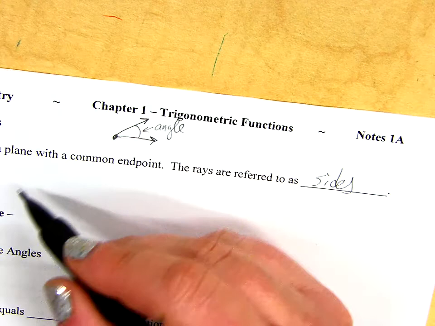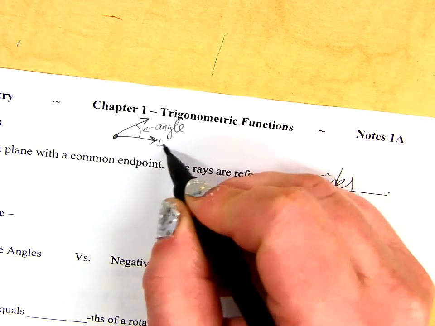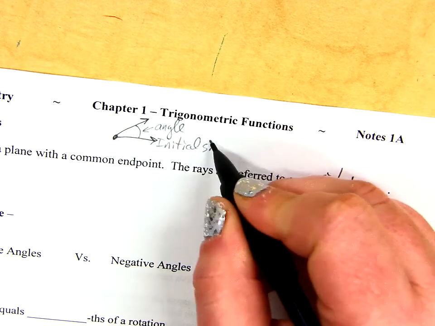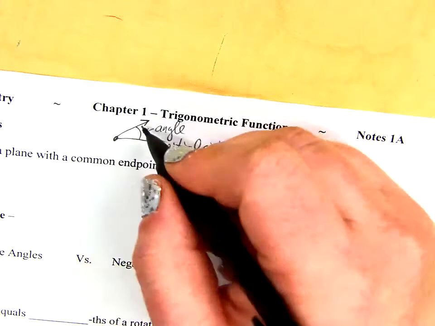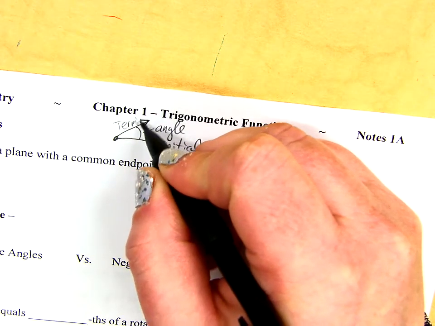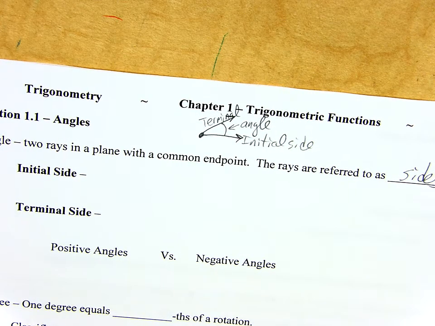So the initial side, we really want that to be along the horizontal. So we'll call this guy the initial side. Excuse me. And then this one here would be terminal. Terminal. So let's write in words the definitions for those.